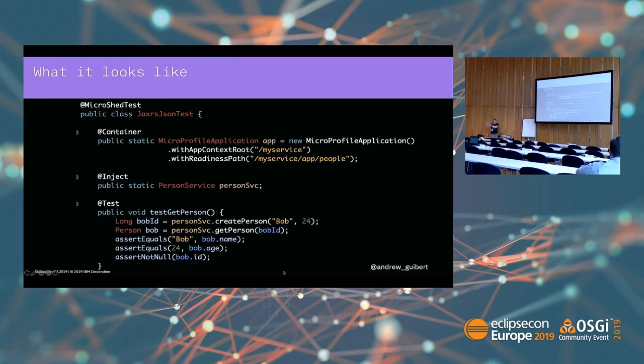So you can have one class with all of your container configuration and even configure it to start up those containers in parallel. And then that environment setup will be reused for all of your tests. The documentation on how to do that is at the MicroShed website, and there's also documentation on the Testcontainers website if you want to know further about that.